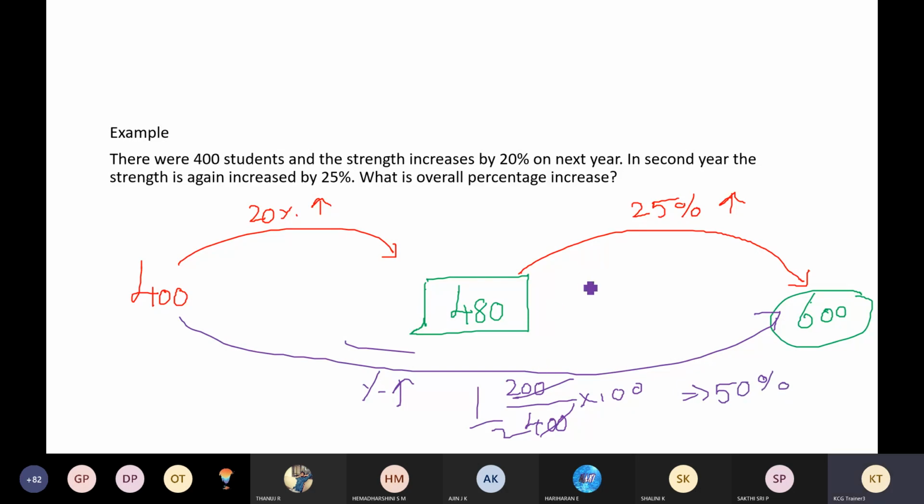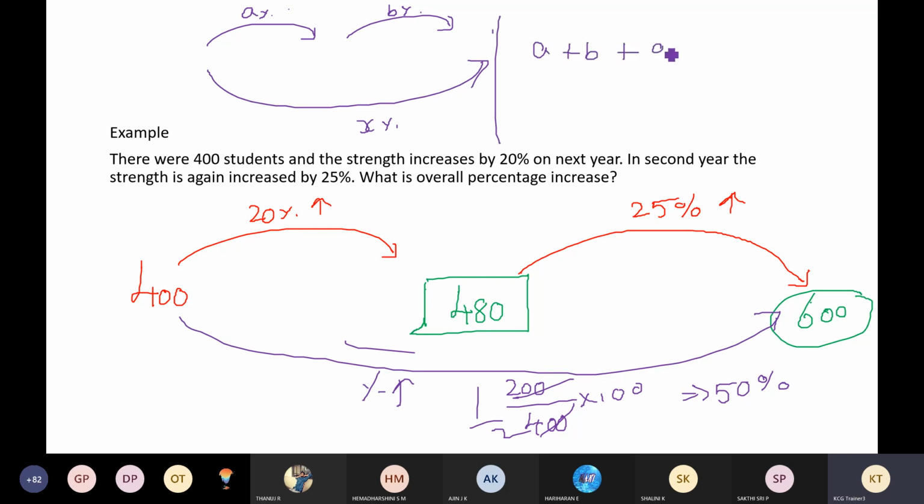But instead of finding all these values and then finding 50 percent, there is an actual formula. When there is an A percentage change and then a B percentage change, and you are asked to find the overall percentage change, the formula is A plus B plus AB by 100. Whenever there is a 20% increase, use plus 20.